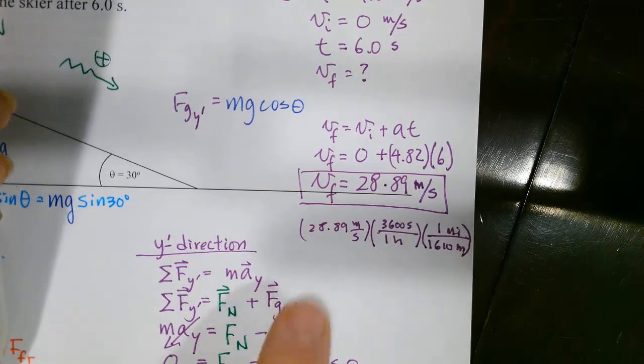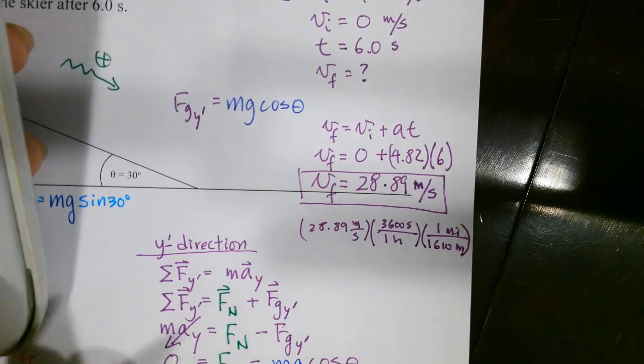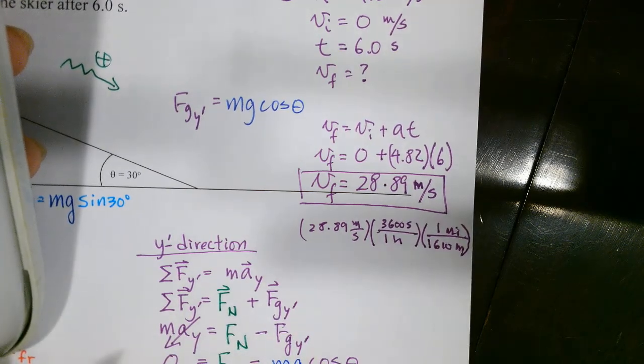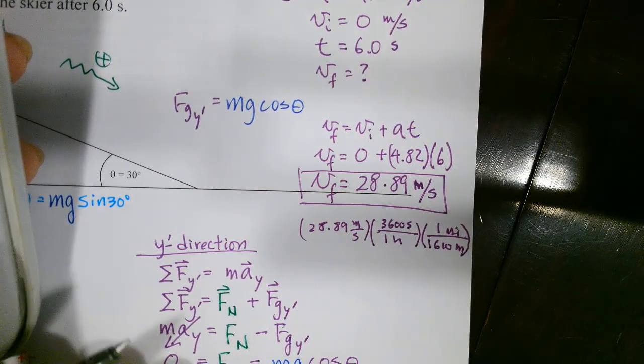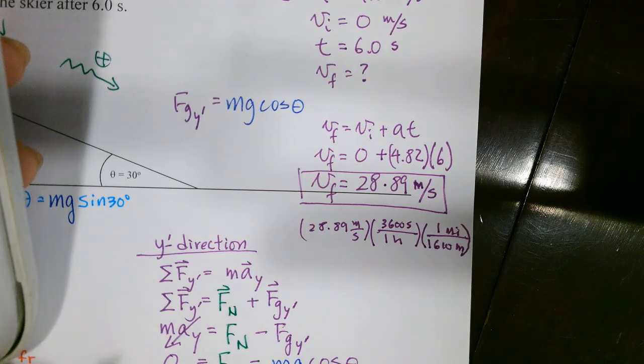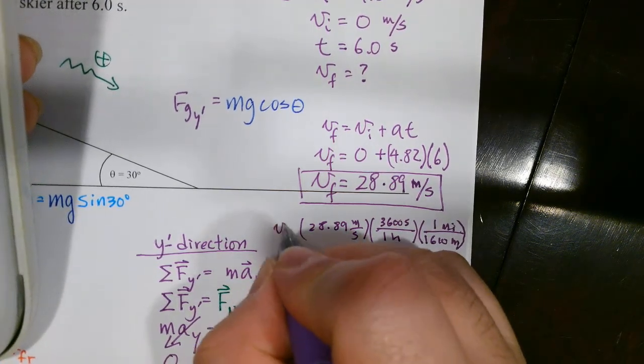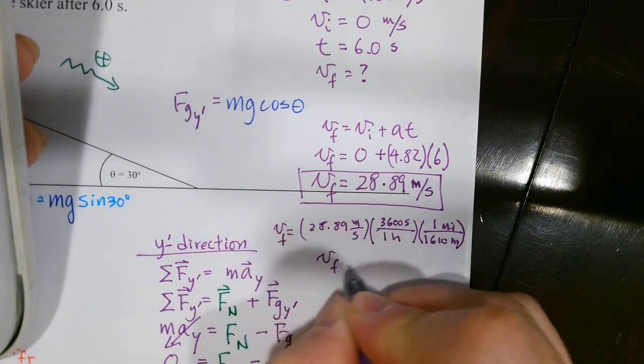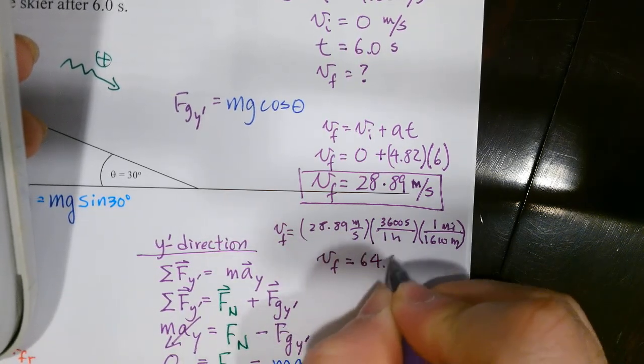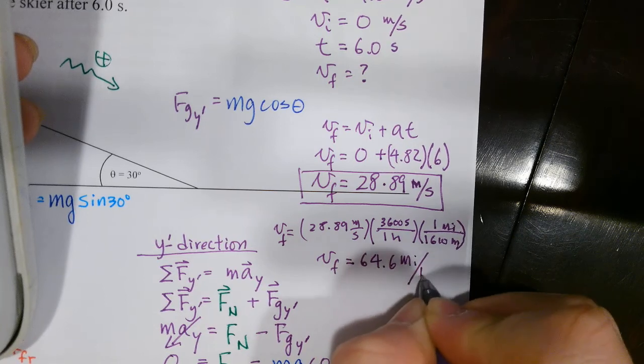So let's see what happens. Multiply that by 3,600 and then divide that by 1610. That is 64.6 miles per hour.